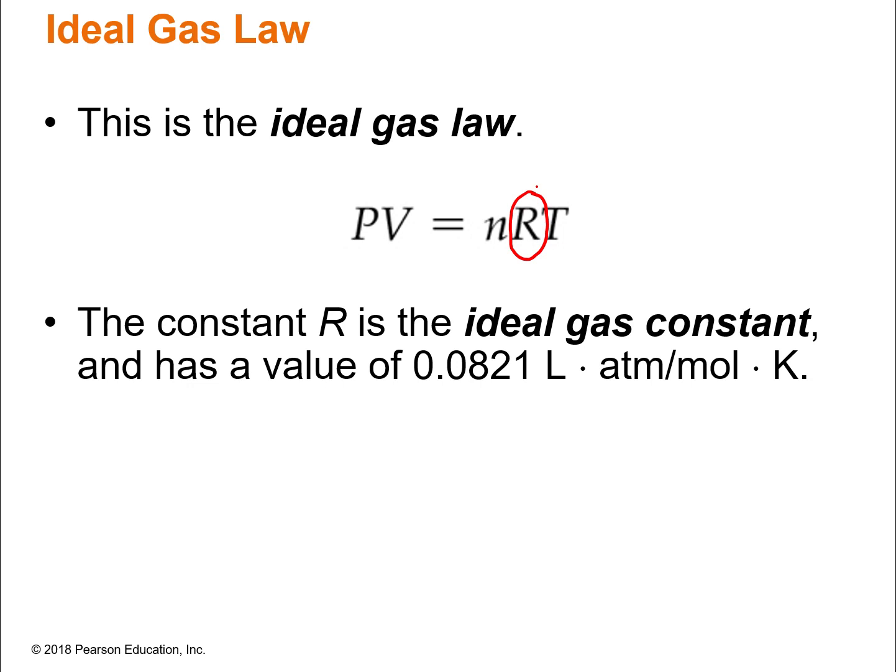Now, I didn't say anything about this R. R is a constant that's derived from the conditions of STP, the standard temperature and pressure, with 1 mole of gas. If you have all of those conditions, then this is the constant that you calculate: 0.0821 liter atmospheres per mole Kelvin.